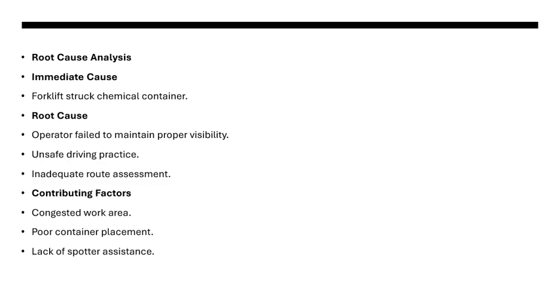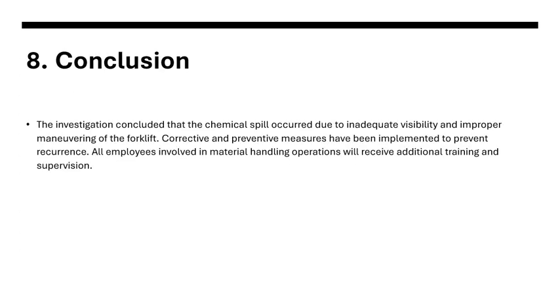Contributing causes: a congested working area, poor container placement, lack of a spotter, etc. The conclusion for this incident: the investigation concluded that the chemical spill occurred due to impaired visibility and improper maneuvering of the forklift.